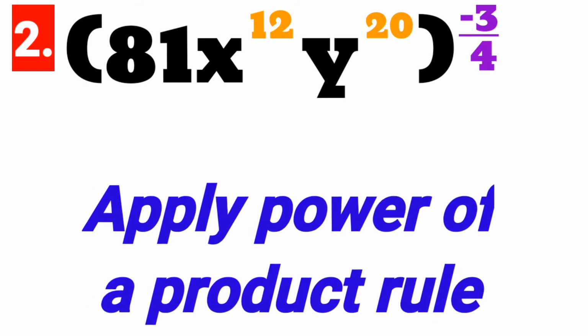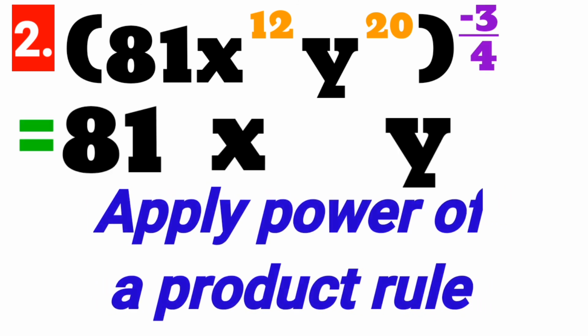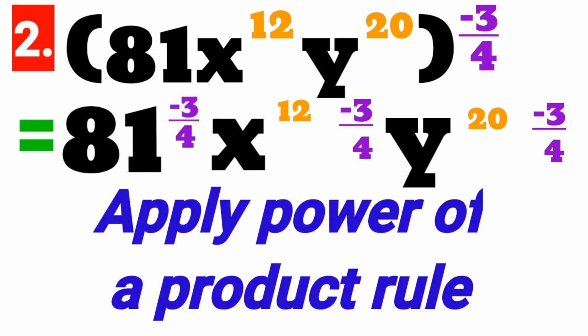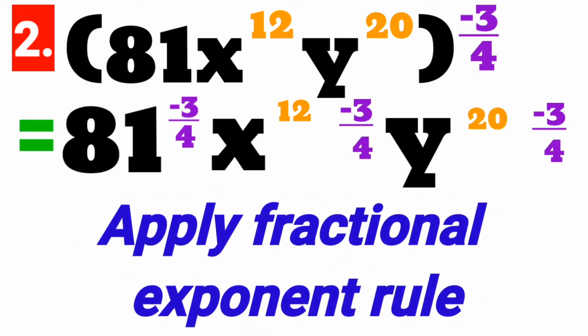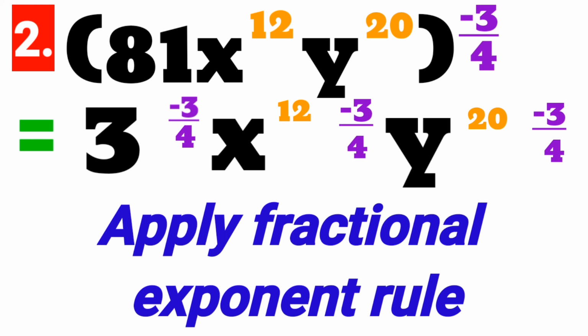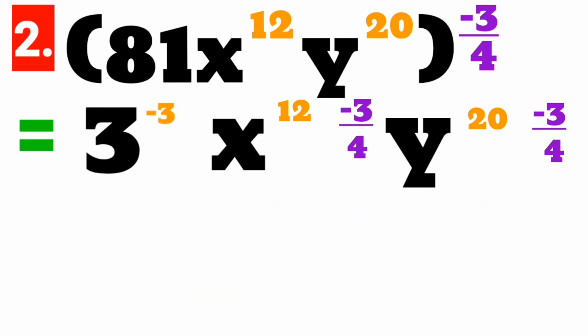The quantity of 81x to the 12, y to the 20th power, all raised to the negative 3/4 power. Raise negative 3/4 to each factor of the product. The denominator 4 is the root index, and the numerator negative 3 is the power. So, the fourth root of 81 is 3, and then raise it to the negative 3 power.